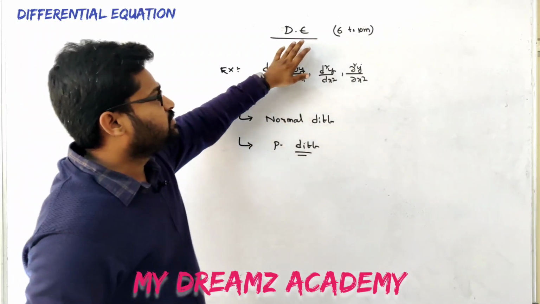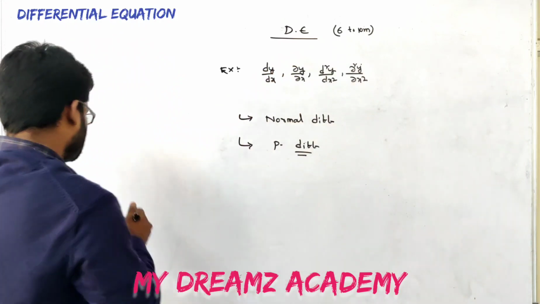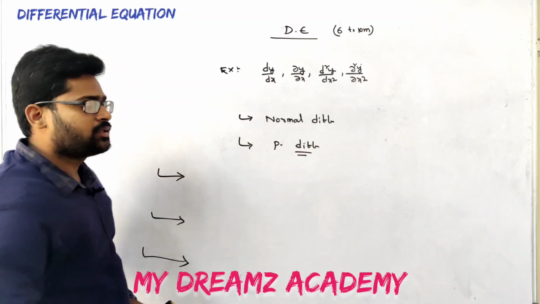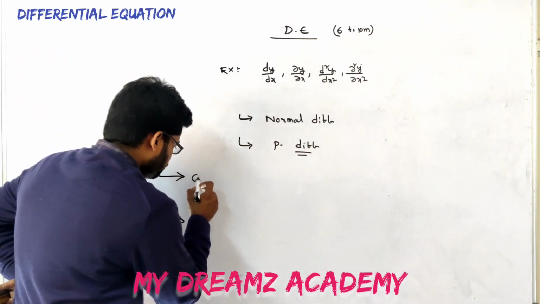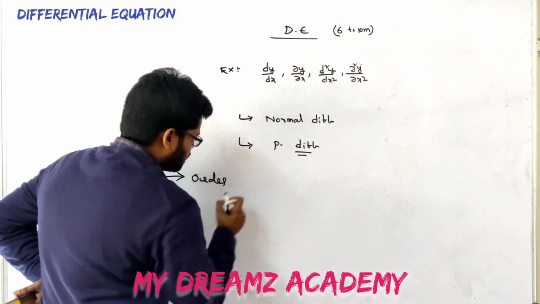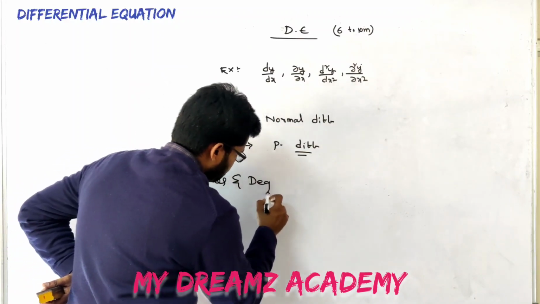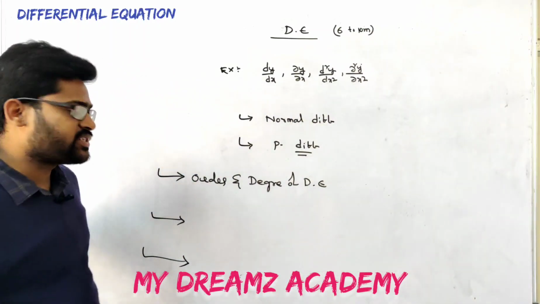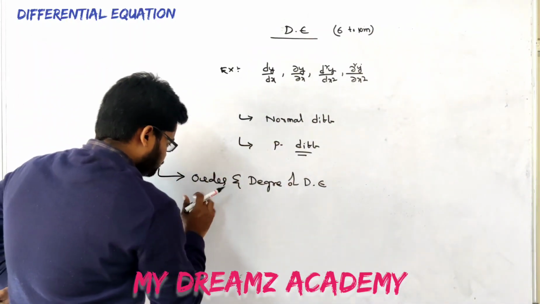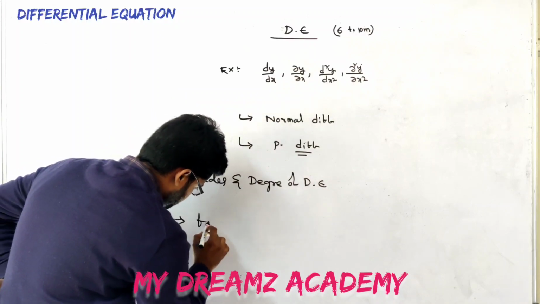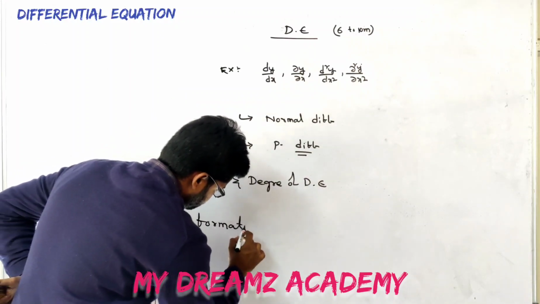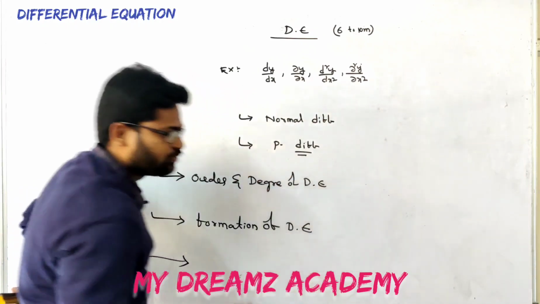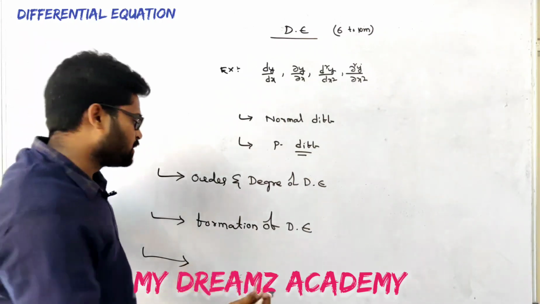I have divided these differential equations into three sub-chapters. The first is order and degree of a differential equation. The next one is formation of a differential equation, how to form a differential equation from a normal equation.